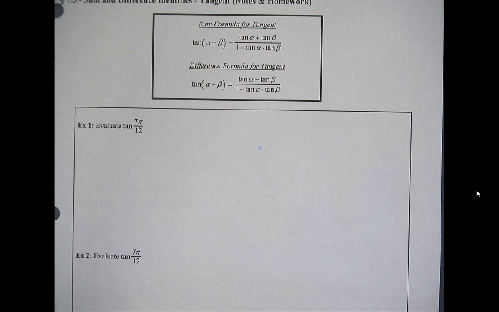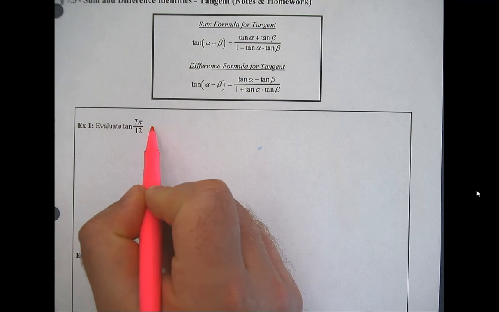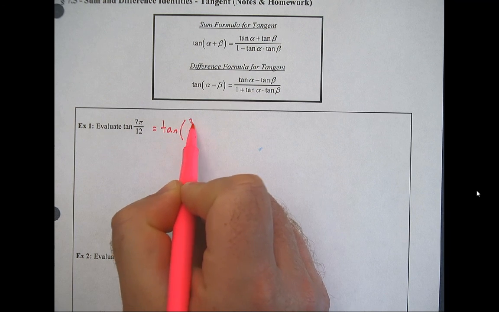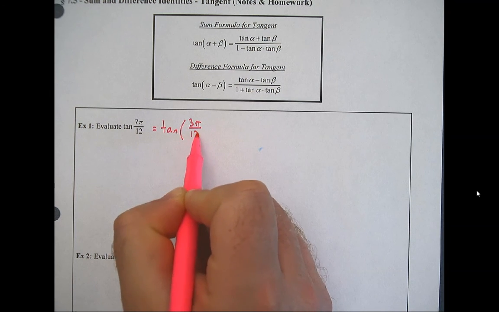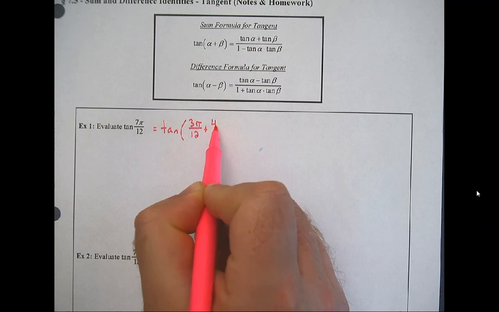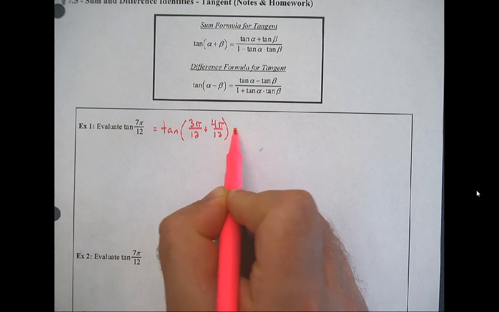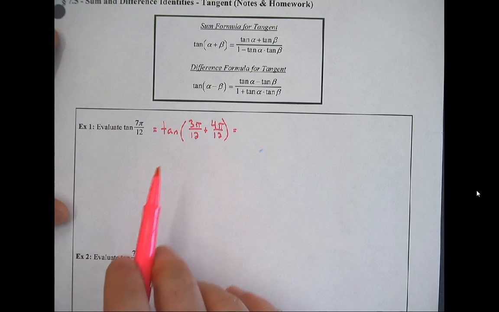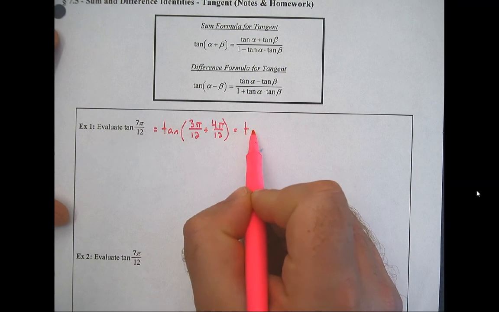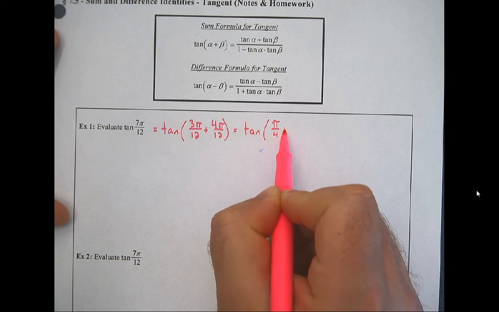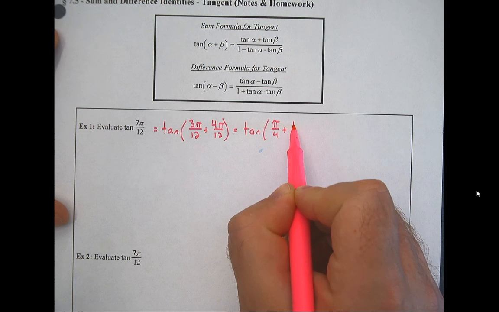So this is going to be equal to tangent of 3 pi over 12 plus 4 pi over 12. Now I'm going to reduce these, which is the whole point. 3 pi over 12 becomes pi over 4. 4 pi over 12 becomes pi over 3.